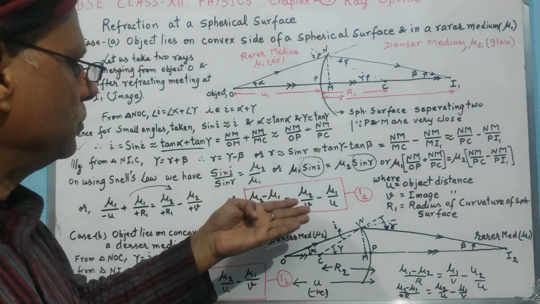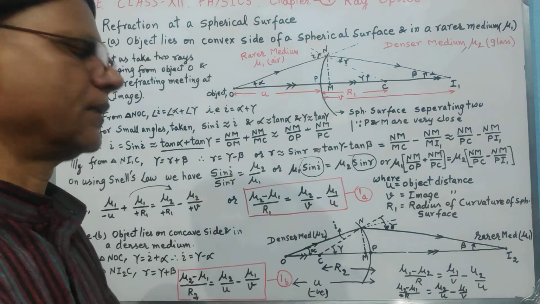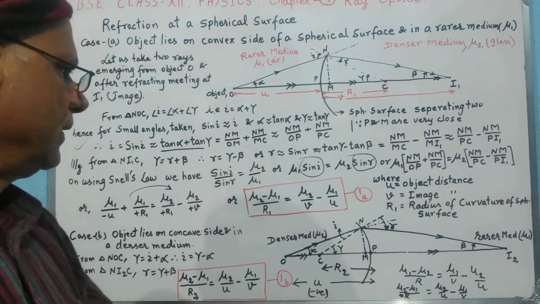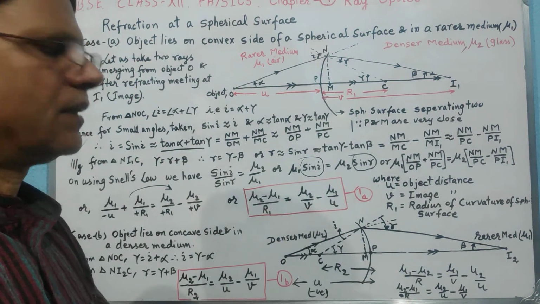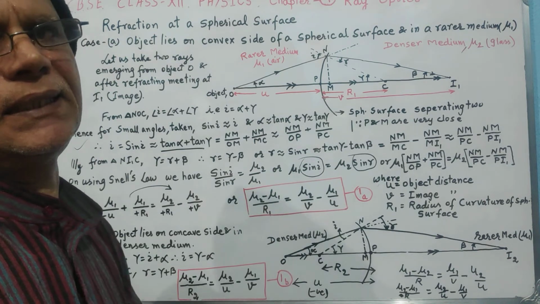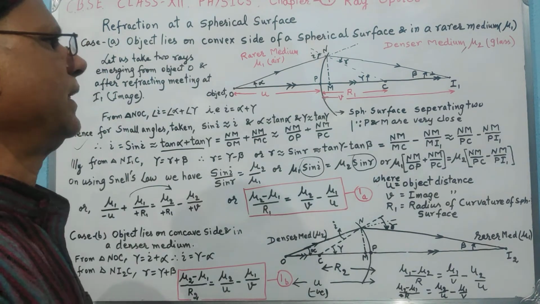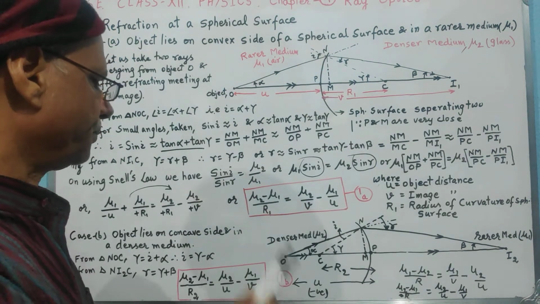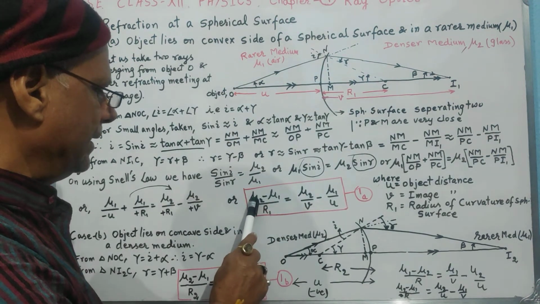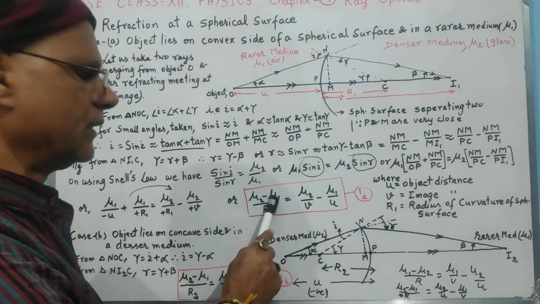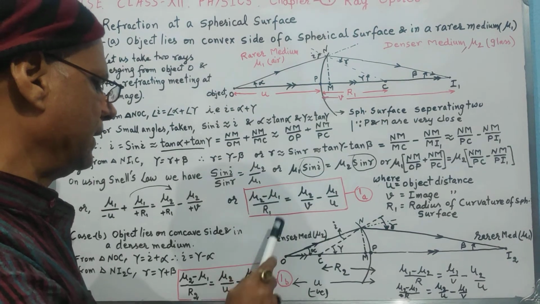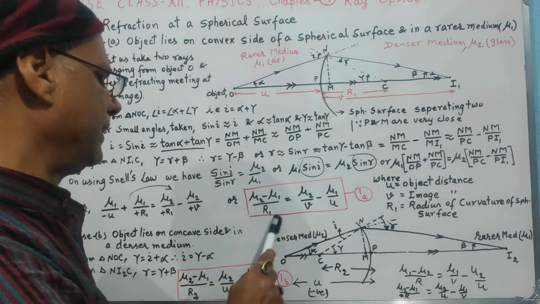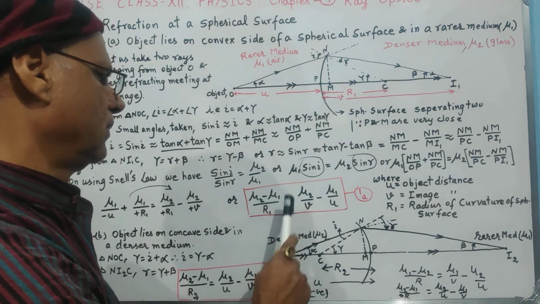Now also to memorize equation 1a, always remember final minus initial. The second medium is the final medium, the denser medium. So final mu2 minus initial mu1, divided by r, which we take as a constant.